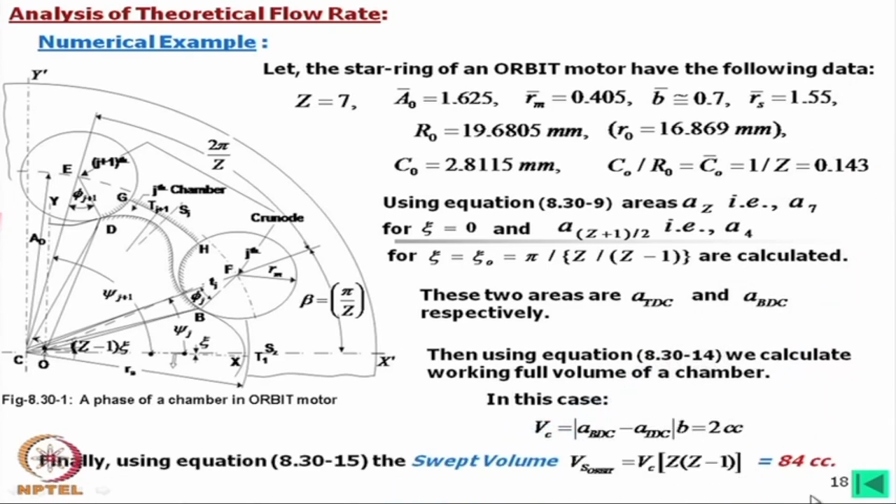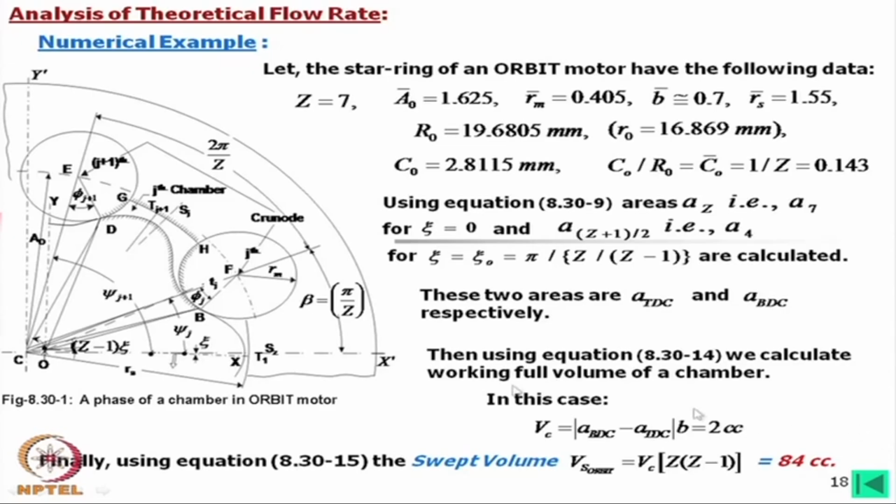So, therefore, the swept volume of an orbit motor with these data will be 84 cc per revolution. The flow required is 84 cc. So, you can imagine that in the case of the fixed axis, it will be either 7 times less or 6 times less than that for one revolution.